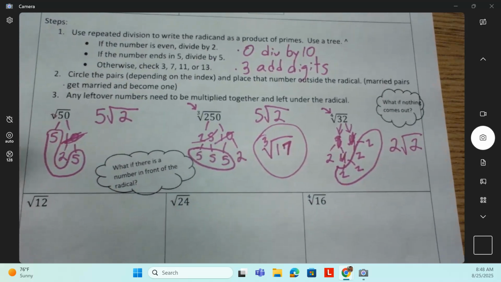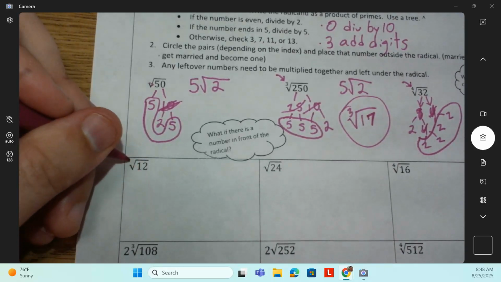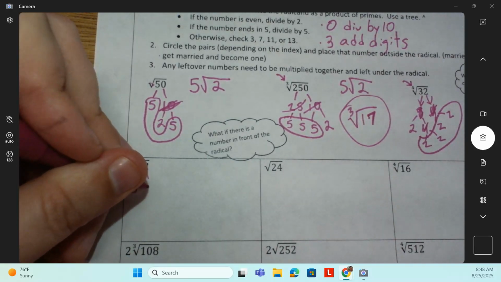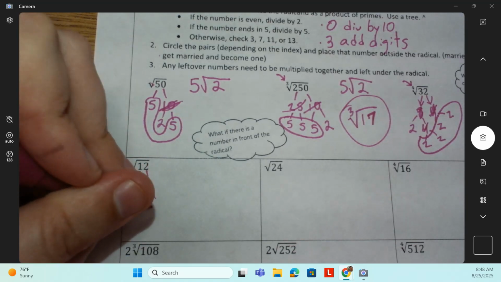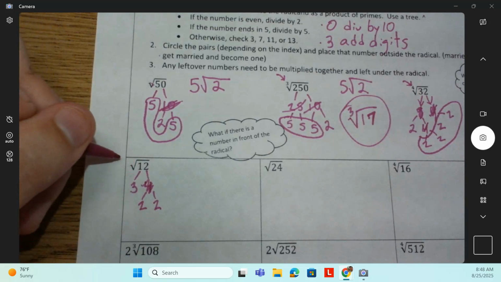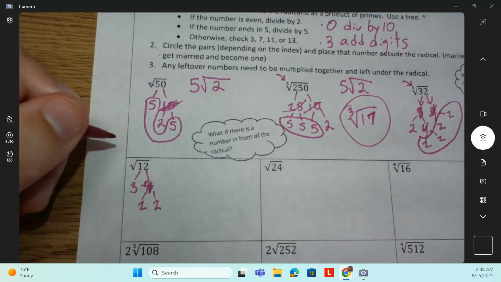Okay. Now let's look at a couple other ones. Reviewing 12, for instance, just doing the square root. When I split it up into 3 and 4, and we're going for all prime numbers, that 4 splits up into 2 2s. Since I don't have a number there, that automatically means it's a 2.